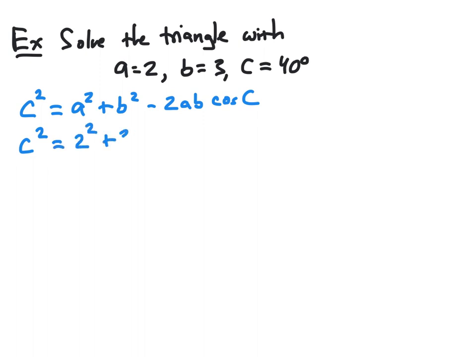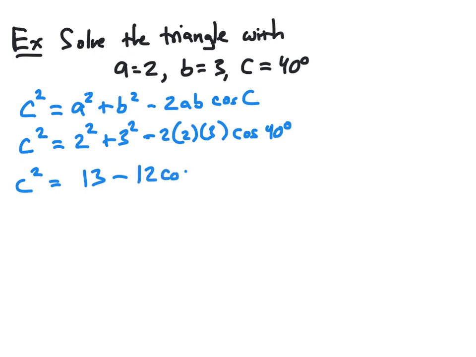It's going to be 2 squared plus 3 squared minus 2 times 2 times 3 times the cosine of 40 degrees. We have 4 plus 9, which is 13, minus 2 times 2 times 3, which is 12, cosine of 40 degrees.